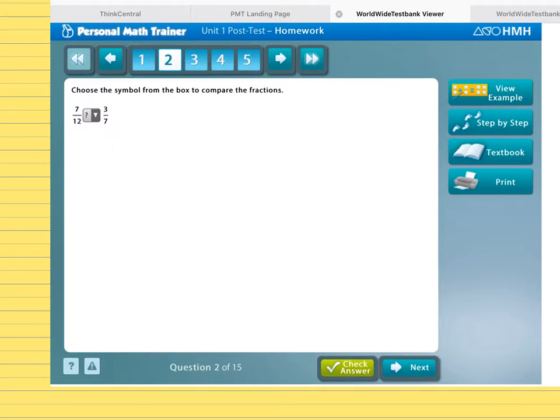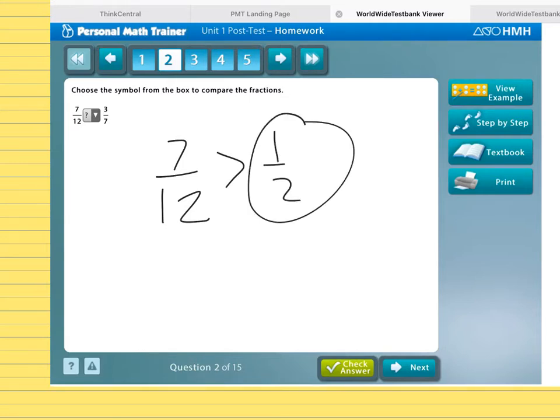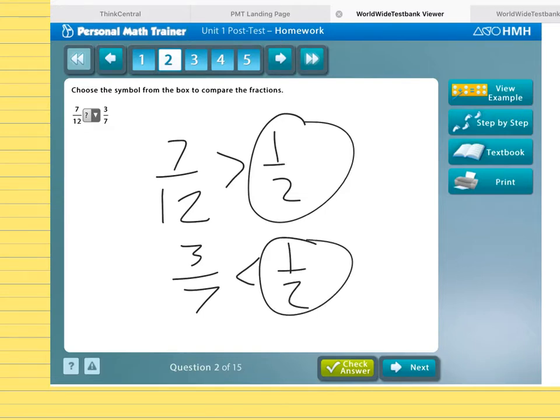Something else to consider on this is if you look at 7/12, 7/12 is greater than 1/2. So if you use a benchmark fraction of a half, 3/7 is going to be less than a half. So if you're using a benchmark fraction, you could also compare them that way. I like to just do equivalent fractions because with the same denominator, it just shows me right off the bat.